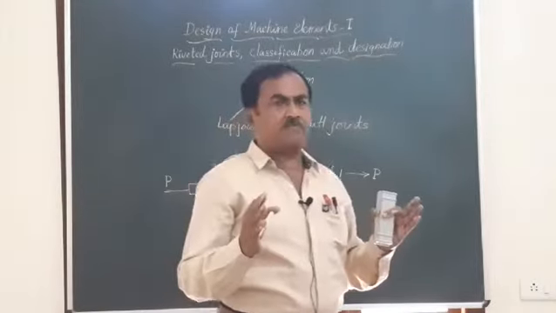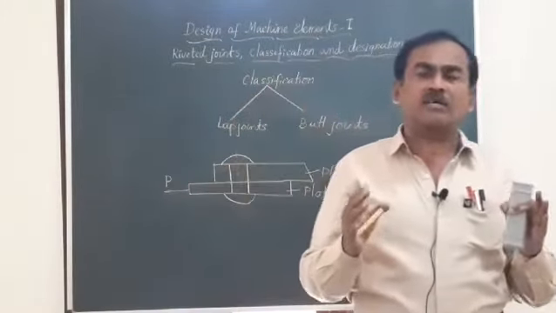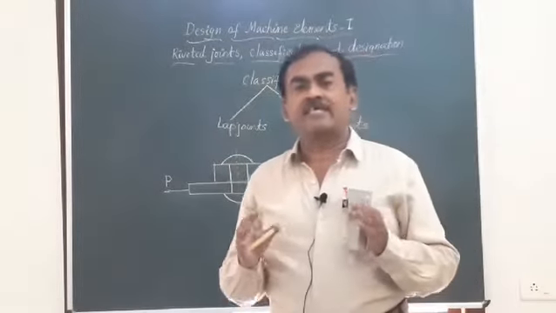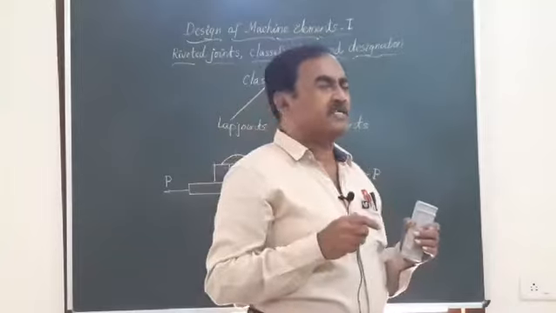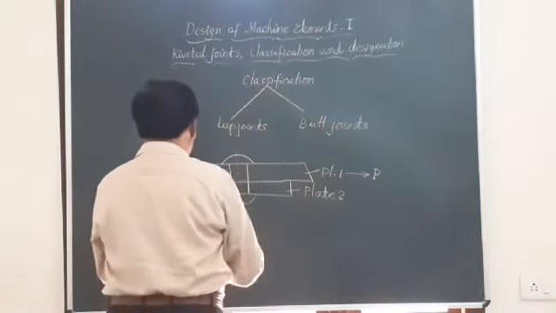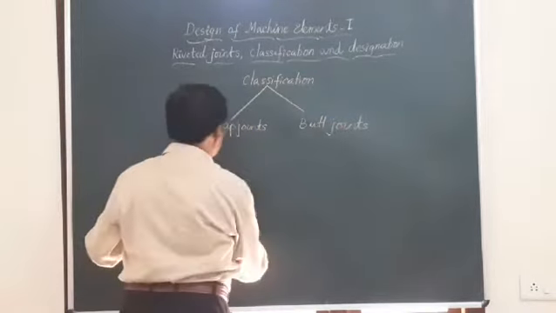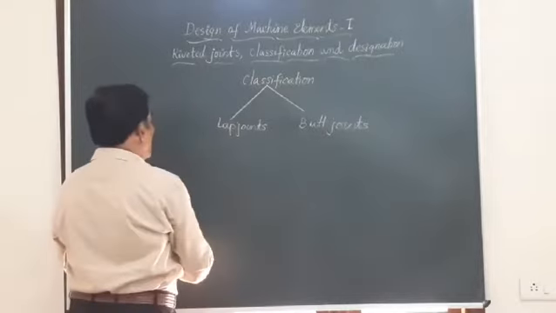So these lap joints are classified or designated as single riveted lap joint when you have only one row of rivets made along the two plates.